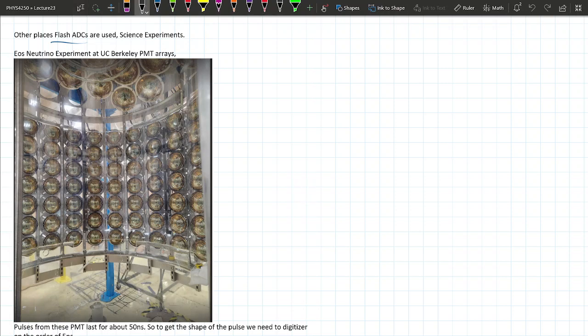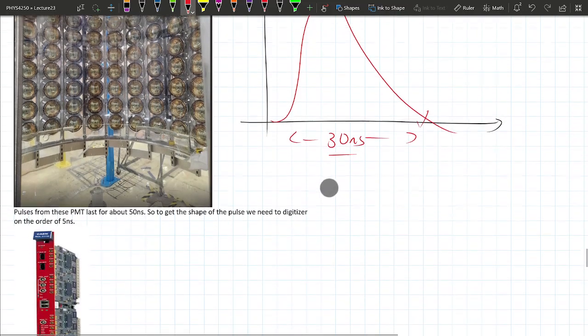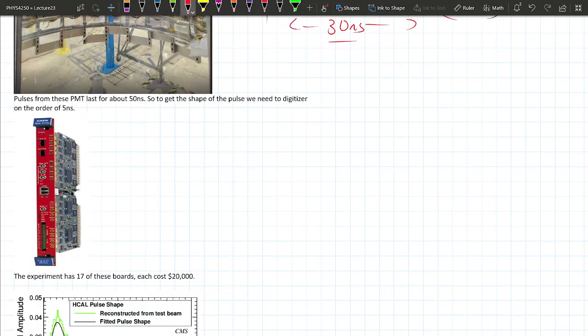And because neutrinos are very, very fast, in case anyone ever asks, these pulses that you get from the neutrinos are going to be on the order of maybe 30 nanoseconds. This is another place where you need really fast analog to digital conversion. In fact, we buy these analog digital conversion cards.